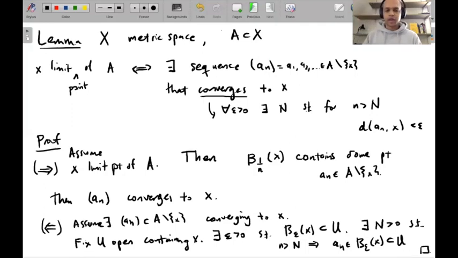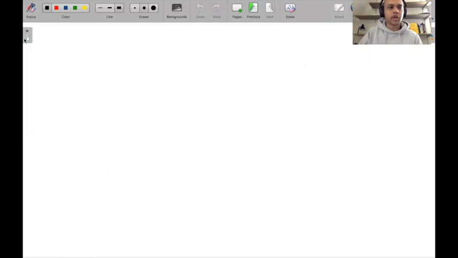So let me give you an example for how this lemma is useful for showing certain points are limit points. So example. Let's take X to be R and A to be the rational numbers.